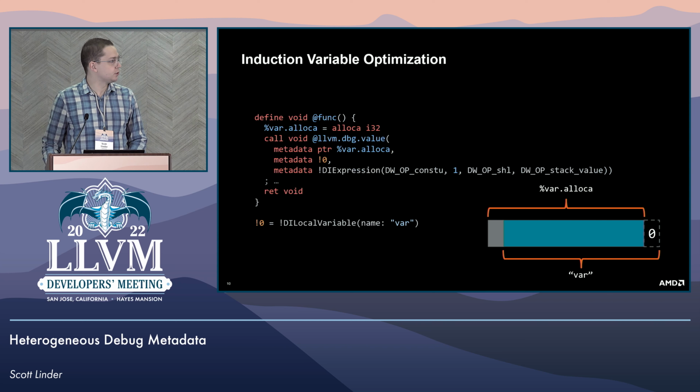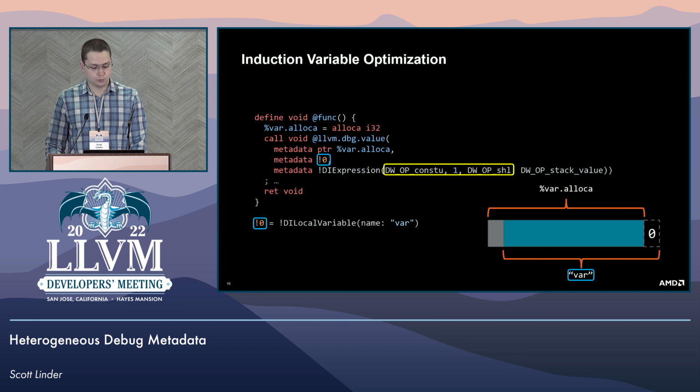So in those last couple of situations, LLVM fares pretty well in keeping track of the final source variable. But what if there's something computing a value over an entire LLVM value? So for example, let's say the final value is actually the value in the alloca shifted left by 1. Well, before we're describing the same source variable. To reflect the left shift, we can use an operation for the purpose, DW_OP_shl.